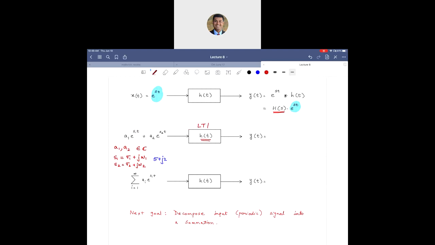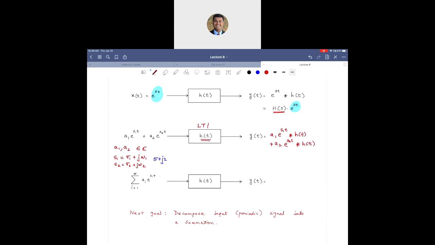By applying the superposition principle, y of t is going to equal A1 e to the s1 t convolved with h of t, plus A2 e to the s2 t convolved with h of t again. That's using convolution, and I can do that because it's LTI.